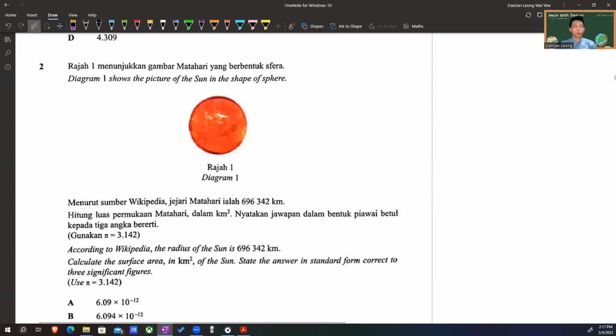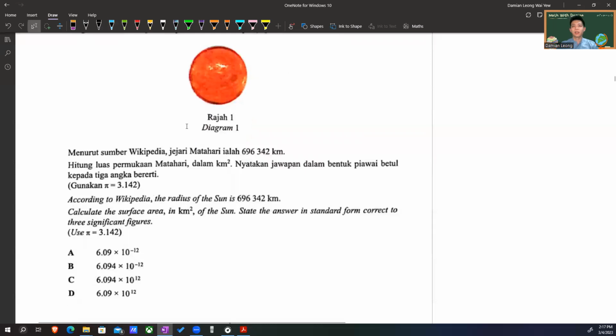Then question 2. The diagram shows a picture of the sun in the shape of a sphere. According to Wikipedia, the radius of the sun is 696,342 km. I want to calculate the surface area in km square of the sun. State the answer in standard form correct to 3 significant figures. Pi, use 3.142.